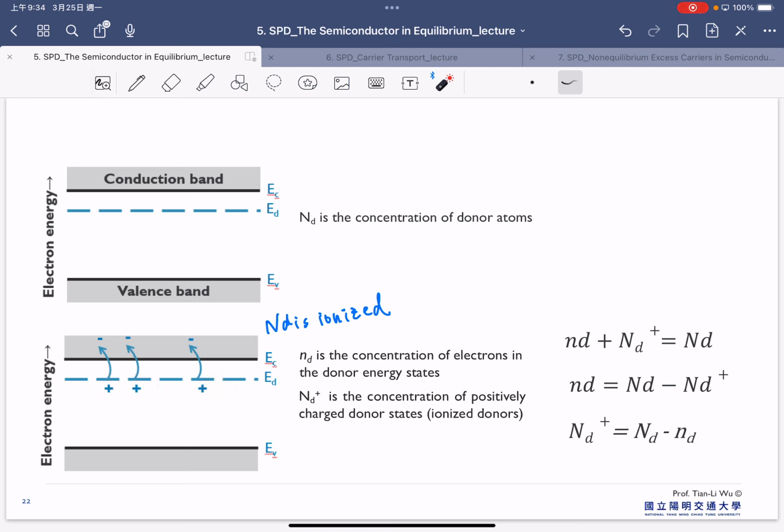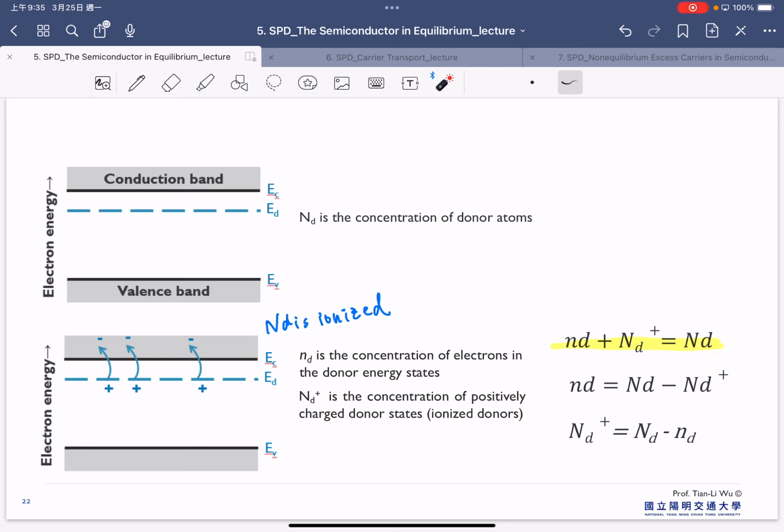Therefore, we can consider charge neutrality where the concentration of the donor electrons here plus the positive charge left behind in the forbidden band gap will be equal to ND here.